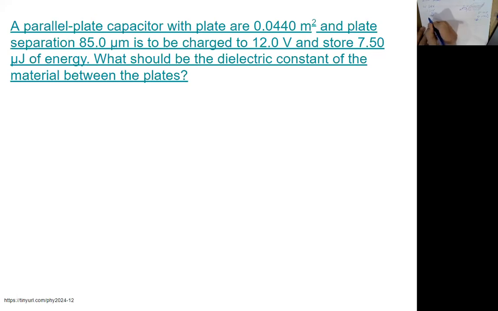And for capacitance C, if you have a dielectric in between, it's going to be kappa epsilon naught times A divided by D, all right? Epsilon naught is 8.85 times 10 to the minus 12 farad per meter, okay? You're looking for kappa. I think I can give you guys a couple of minutes to see if you can solve this one, and we can take a look at the solution together.